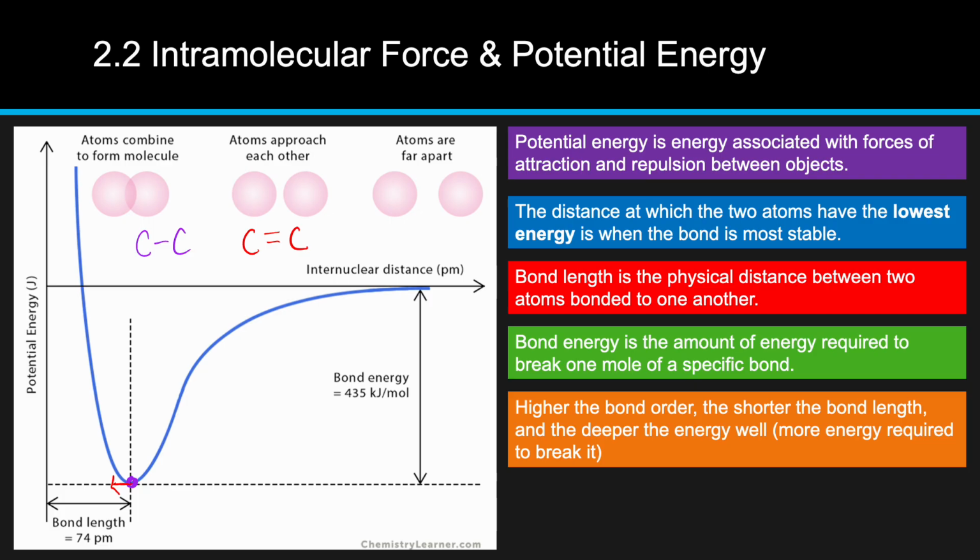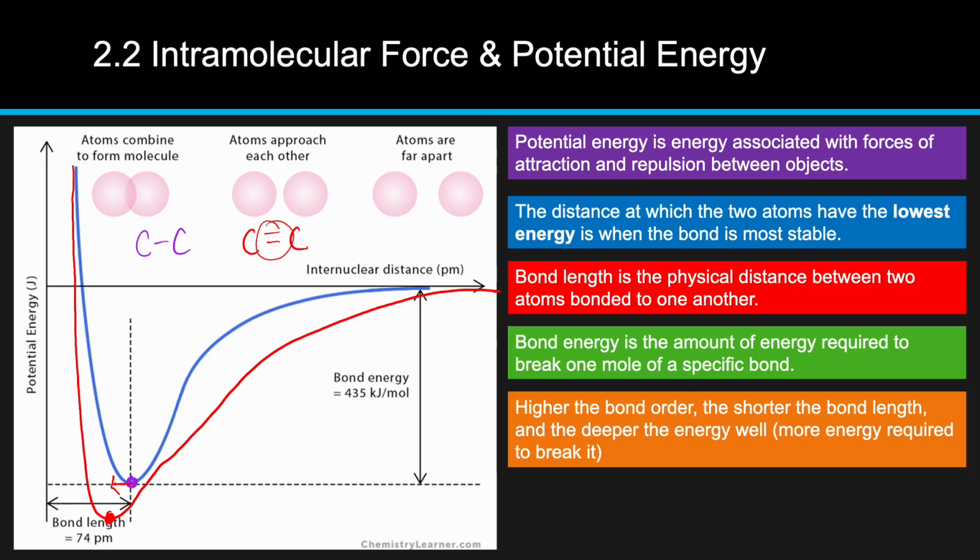So our curve would look something like this. See, we have a deeper well, which is telling us that it takes more energy to break the bond because it has 2 bonds. And it is more to the left because it has a shorter bond length because, again, more bonds, shorter length.